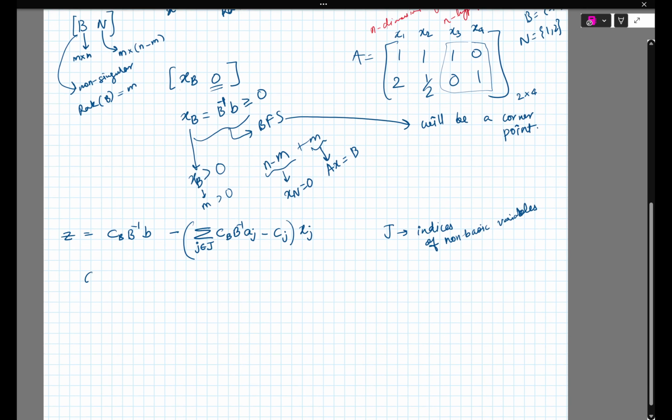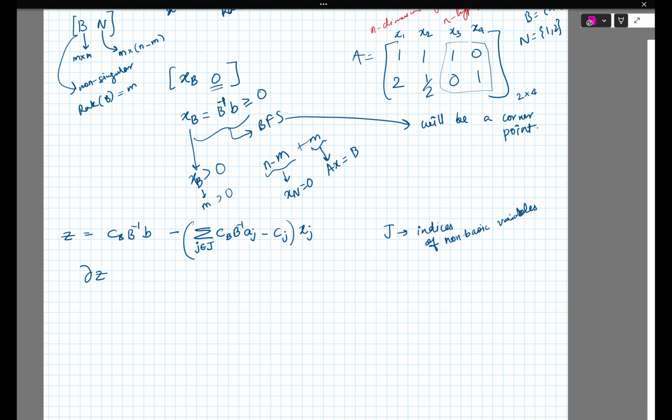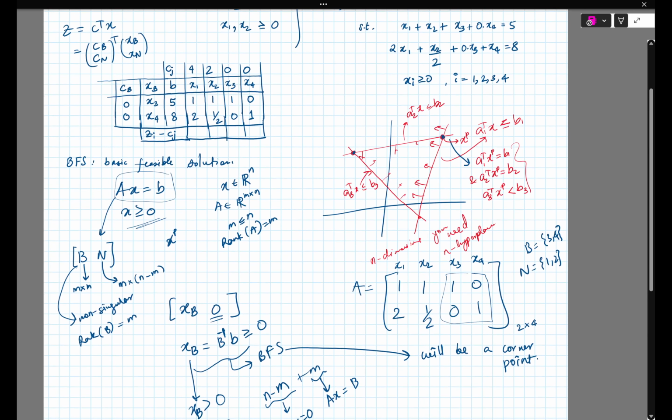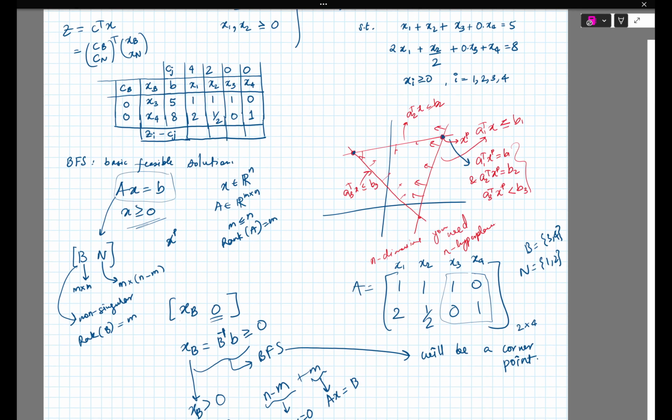So for this, what you do is you're starting with one corner point, and you need to go to the next corner point and see if your objective value increases or decreases. Okay. So go to the next corner point.